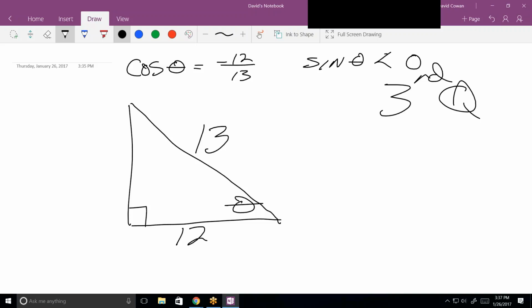Now, we know it's in the third quadrant. We're going to take that information into account, but the first thing we need to do is dimension all 3 sides of this triangle. What's the side opposite theta if it's a 12, 13? 5. Yeah, that's the second lowest Pythagorean perfect triangle. Once I've dimensioned all 3 sides of the triangle, well, now you can tell me all of these. What's the sine of theta?